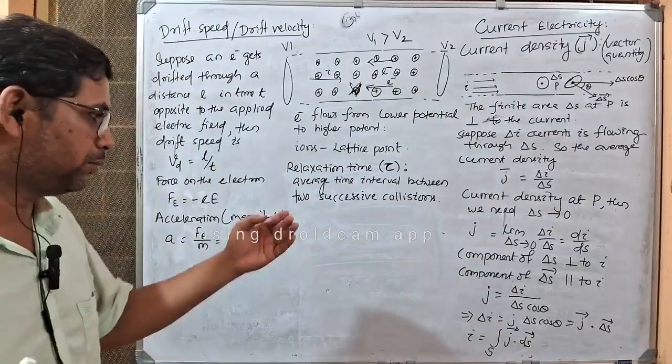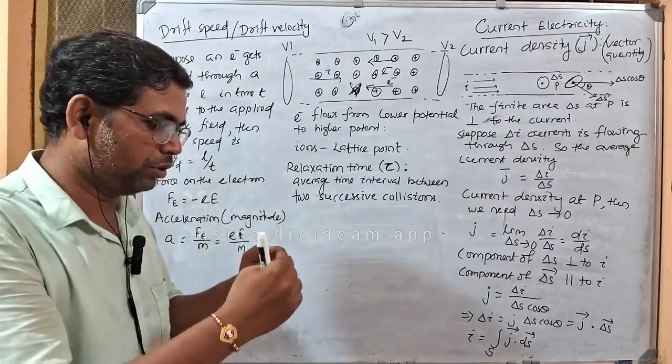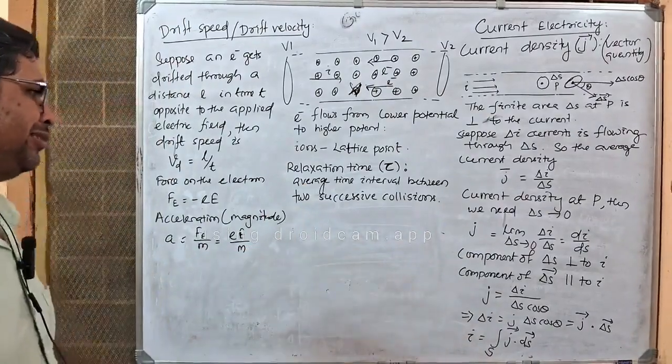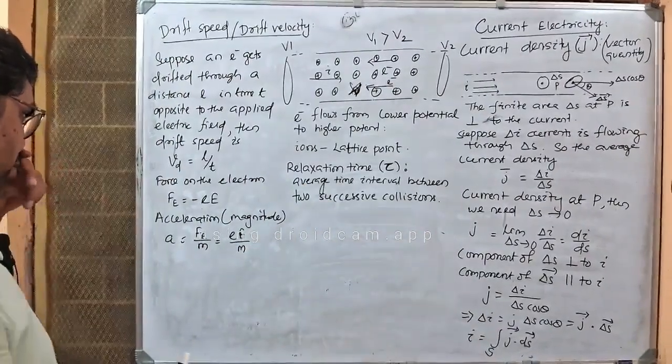Successive means just the next collision. This collision and its next collision. So that is time tau.